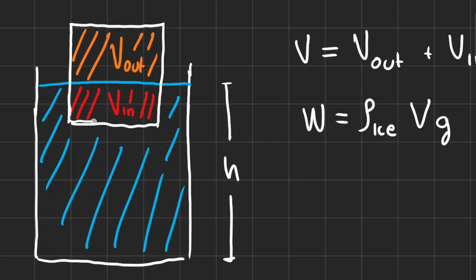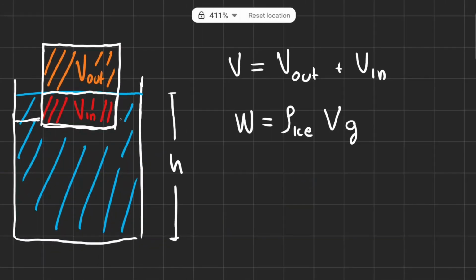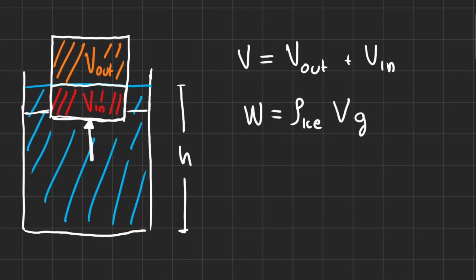This volume here is a volume of water that was displaced, and that volume has a weight. We are also going to have a force that is known as the thrust force, acting on the ice cube, and that force is going to be equal to the weight of the volume of water that was displaced.